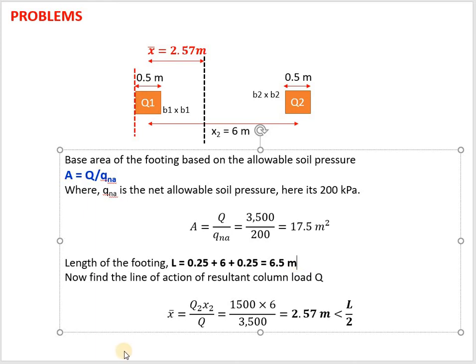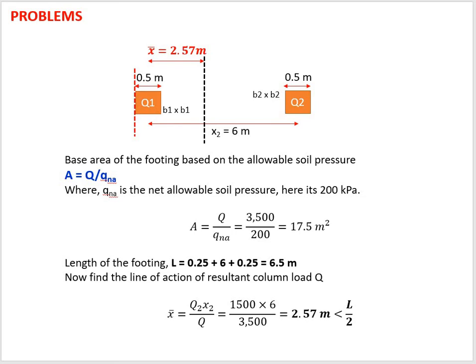It is the same equation: X bar is equal to Q2 X2 by Q, taking moment about the center where the Q1 load is acting. So you get X bar as 2.57 meter, and L by 2 is 3.25. This value is less than L by 2, so then definitely you will have to go for a trapezoidal footing. So this is the condition.